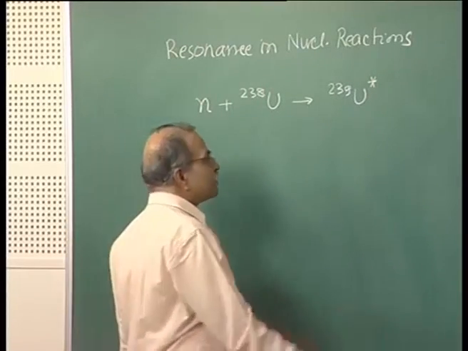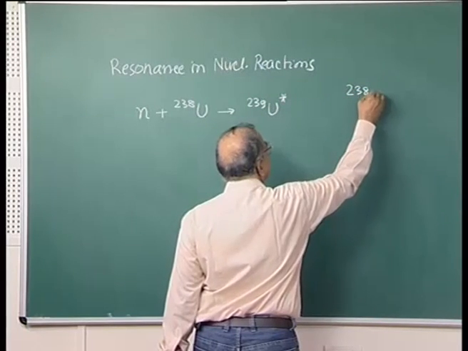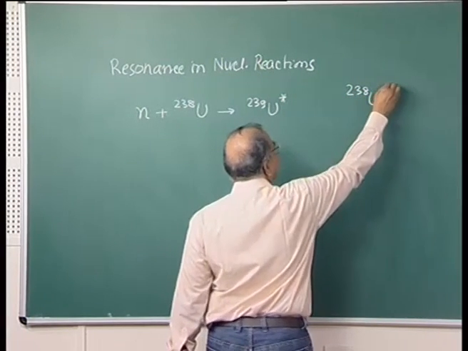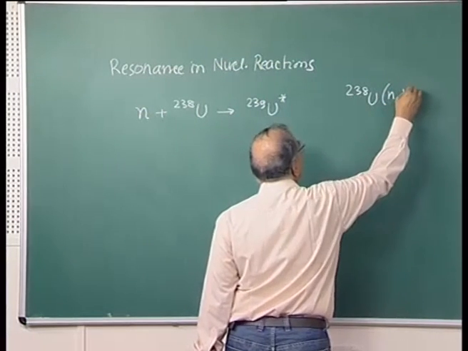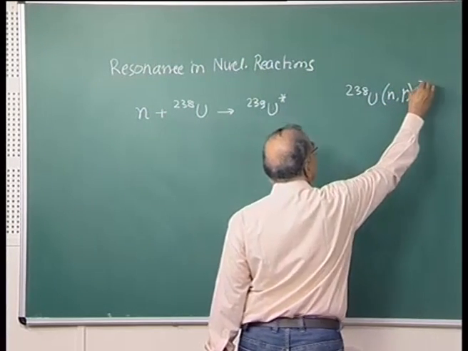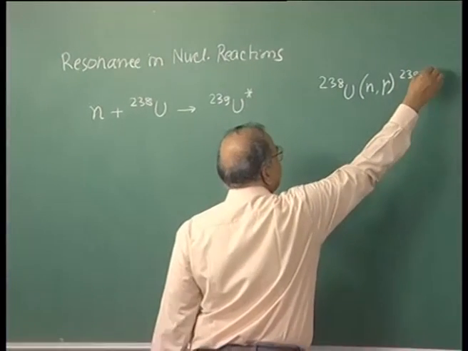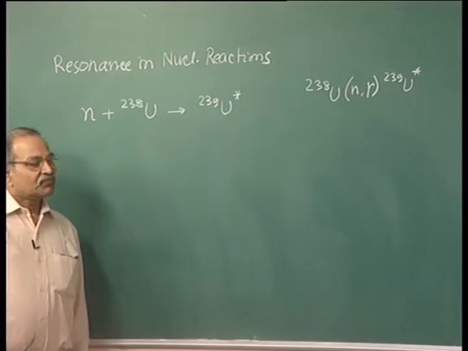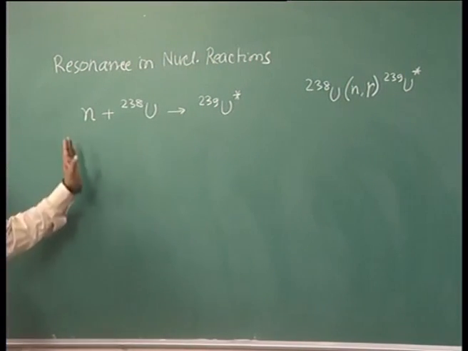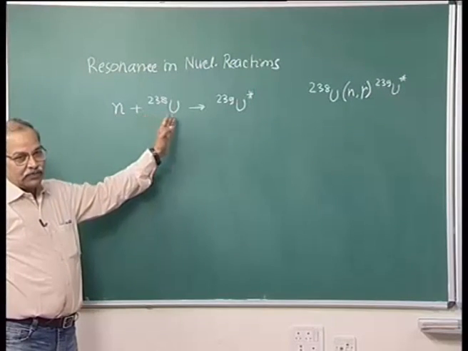So, you can write this reaction as uranium-238, and then your incident particle is a neutron and the outgoing particle is a gamma, and you are producing uranium-239, maybe in an excited state. If we look at this equation, we can work out what its Q value is.